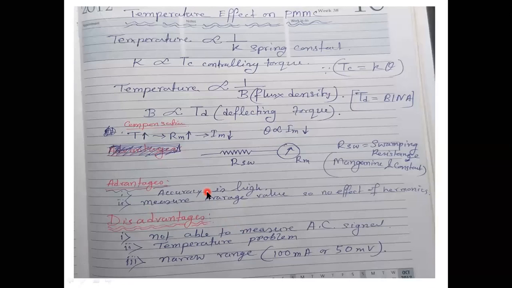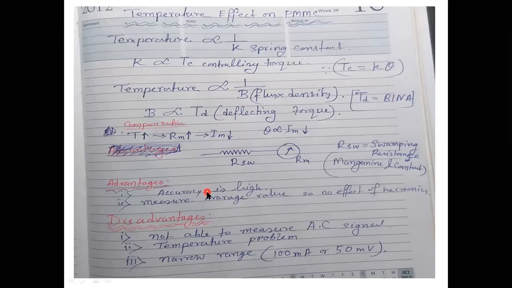Another advantage is that as the PMMC meter does not deal with AC current or AC signal, it is obviously free from harmonic distortion. If there is some AC, there may be harmonics, and if harmonics are there, it causes another problem.